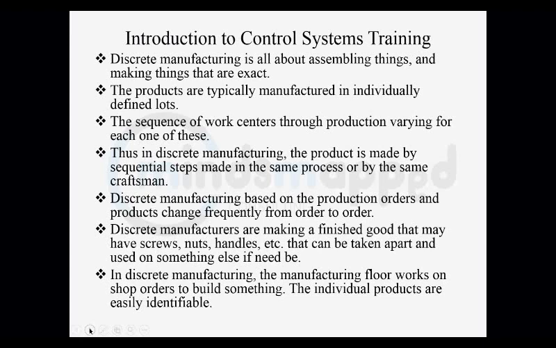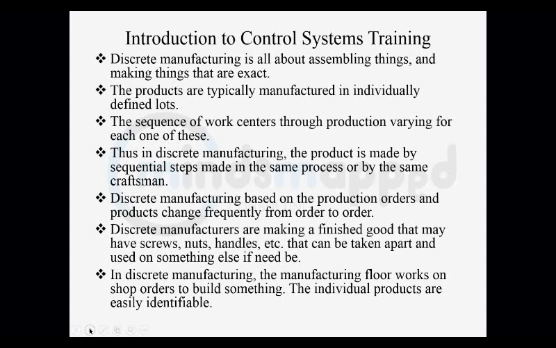Although there will be a difference in manufacturing of these defined lots, like if you are building product A and product B, with a variation in the steps of both, as long as you're going to build product A, you'll follow the same process in the same way.